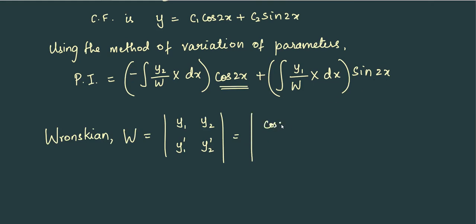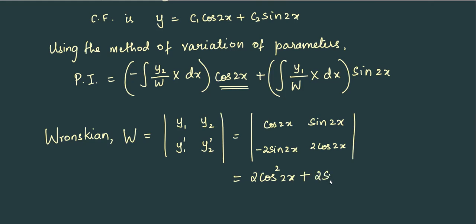So cos 2x, sin 2x; the derivative of cos 2x is minus 2 sin 2x, and the derivative of sin 2x is 2 cos 2x. This is 2 cos square 2x minus of minus, which becomes plus 2 sin square 2x.